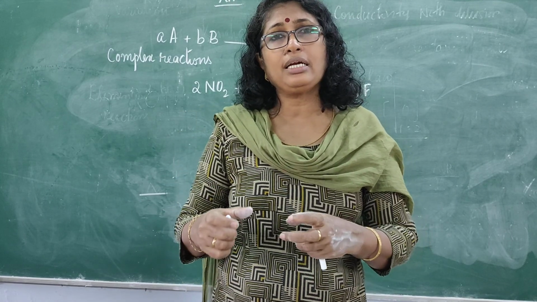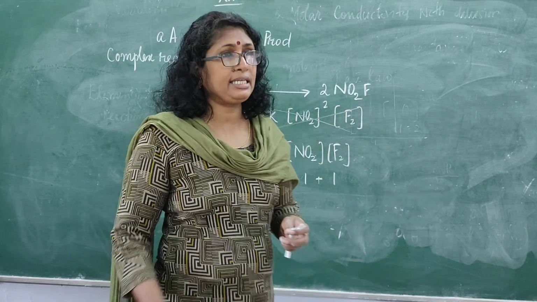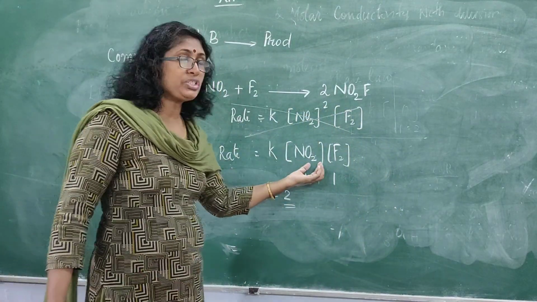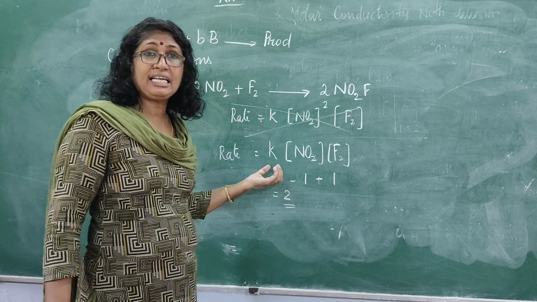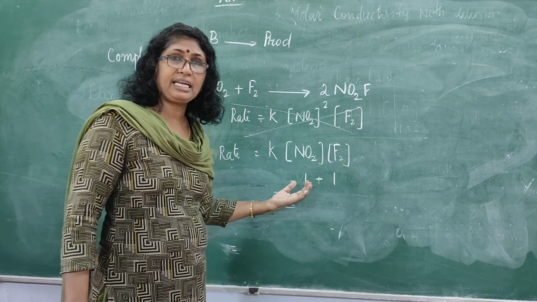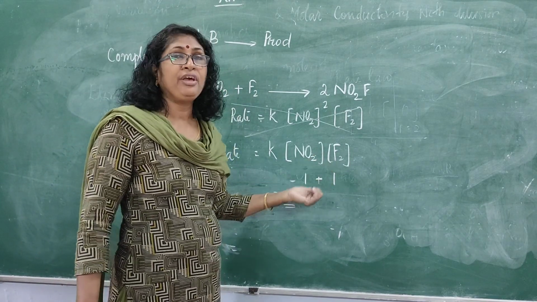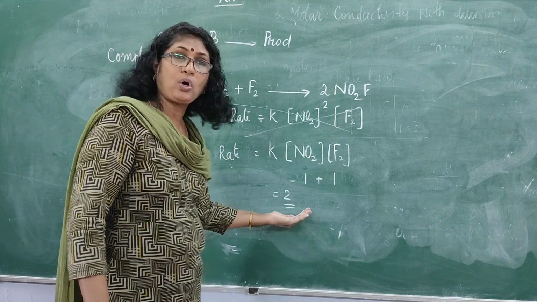Now, the order we determine experimentally. In the experimental determination, we find out how the concentration of NO2 affects the rate of reaction, how the concentration of fluorine affects the rate of reaction, and we find the order of reaction with respect to NO2, with respect to fluorine, and the overall order.